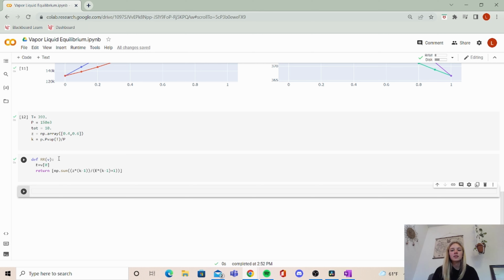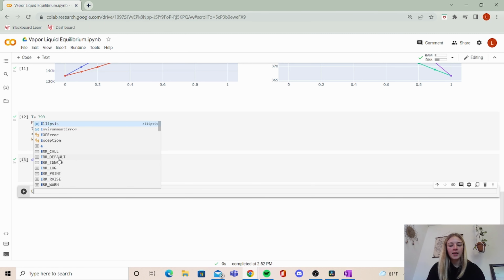So E is essentially going to be the mole fraction in the vapor phase. So we can define that to be for our root.